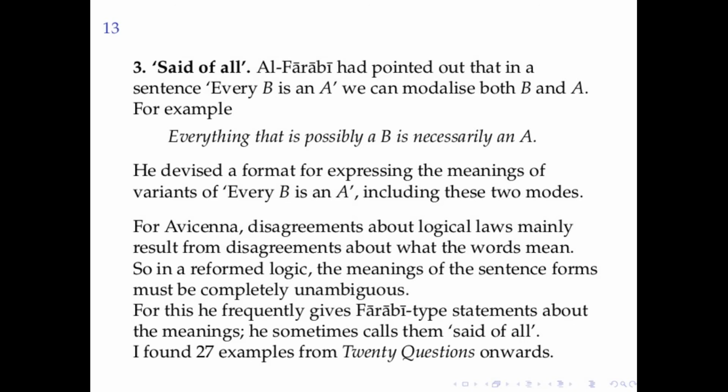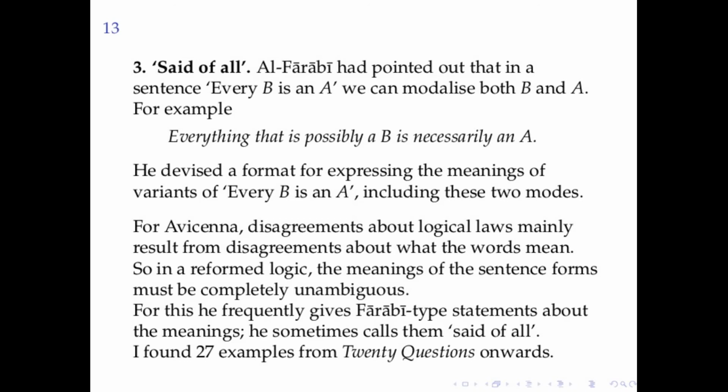This ambiguity was pointed out and studied in detail by Al-Farabi 100 years before Avicenna. And Al-Farabi designed a kind of methodological trick for analyzing sentences to see just what modalities they had where.